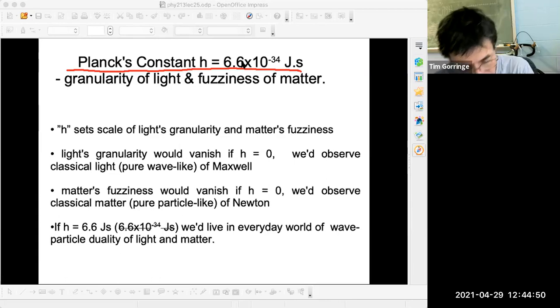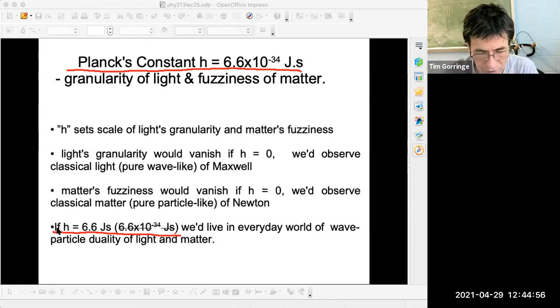What if Planck's constant were much bigger than it actually is? Planck's constant is 6.6 times 10 to the minus 34 joule seconds. It's a tiny, tiny number. That's why we only see these quantum effects at microscopic levels. If Planck's constant was more of an everyday number, let me make it 6.6 joule seconds rather than 6.6 times 10 to the minus 34 joule seconds, what would we see then?